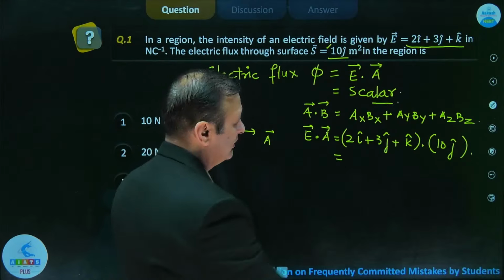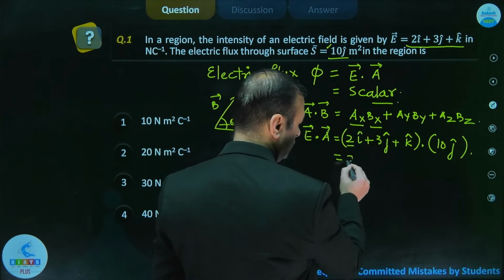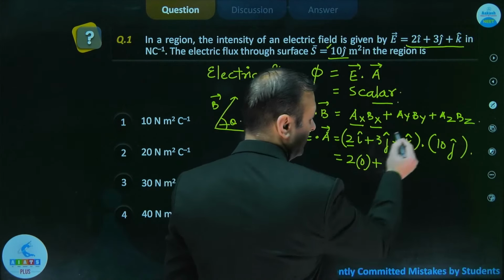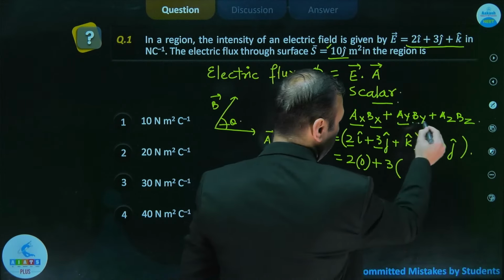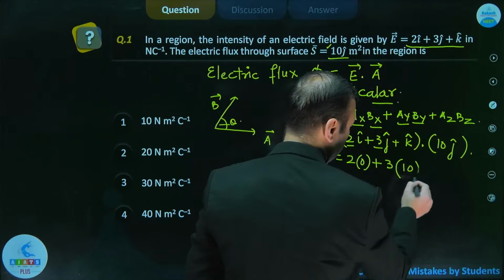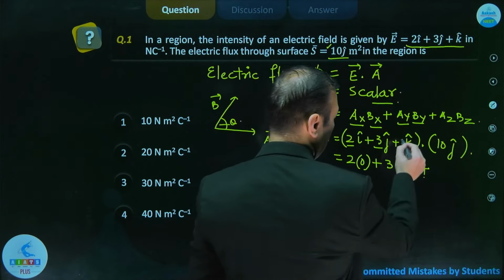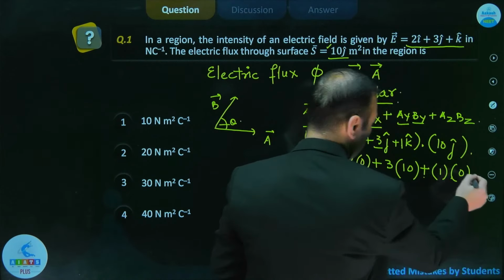Now AX BX, so AX is 2, BX is not there, so we'll keep it as 0. AY is 3 and BY is 10. AZ is 1 and BZ is, again, we'll keep it as 0.